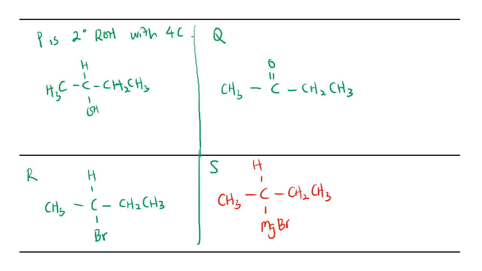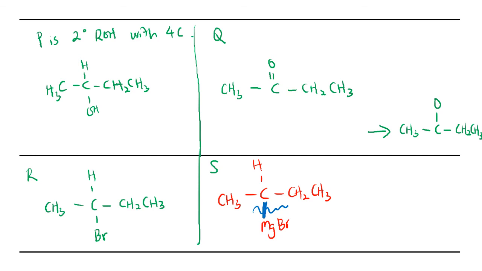When these two react, as we learned in the haloalkane chapter, I always start from the ketone compound, where CH3 C double bond O becomes single bond O, attached to CH2CH3. For the Grignard reagent, the bond breaks between the carbon and the MgBr.